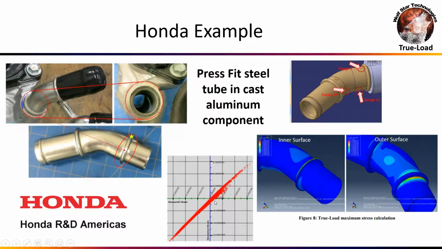And you can see here is just one of their correlation plots of measured strain versus simulated strain, getting excellent correlation on this part. And this gave them the tools then to go in and do a design exploration and actually fix this component inside of a week. This was extremely quick turnaround for them for this very complex problem.